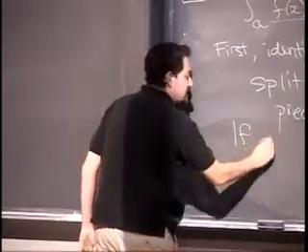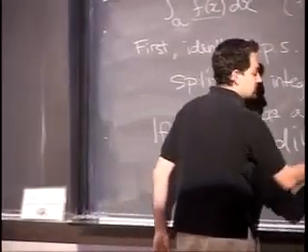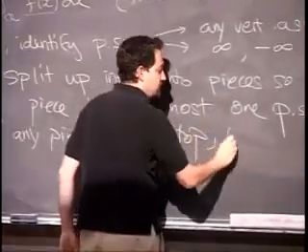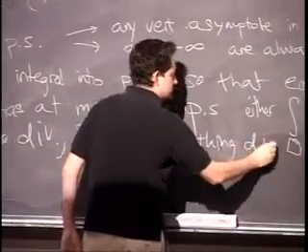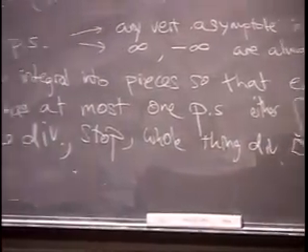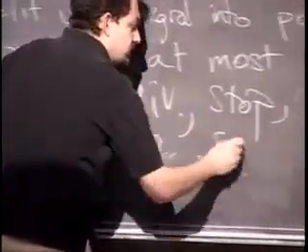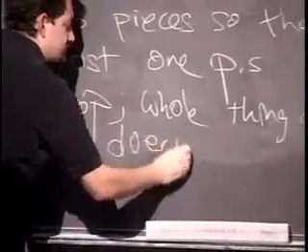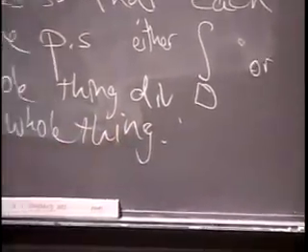If any piece diverges, stop. Whole thing diverges. If all pieces converge, so does the whole thing. And the only thing I have to add to this summary is something that I've already mentioned.